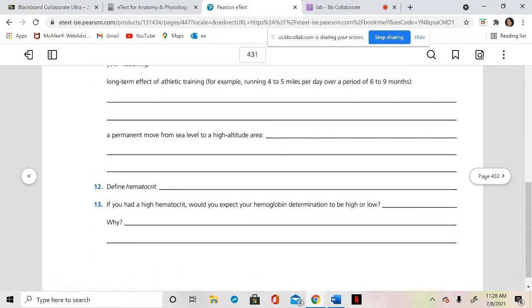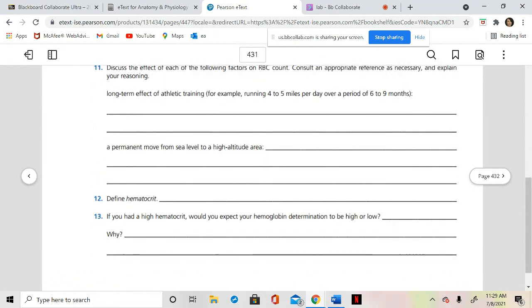Long-term effect of athletic training. I mean, this is very nice. When you run 4 to 5 miles per day for a period of 6 to 9 months, you develop a large muscle mass that needs an efficient oxygen delivery to the muscles when they are working. So an increase in red blood cells occurs in a move from sea level to a high altitude area, because the air at high altitude is thinner and contains less oxygen.